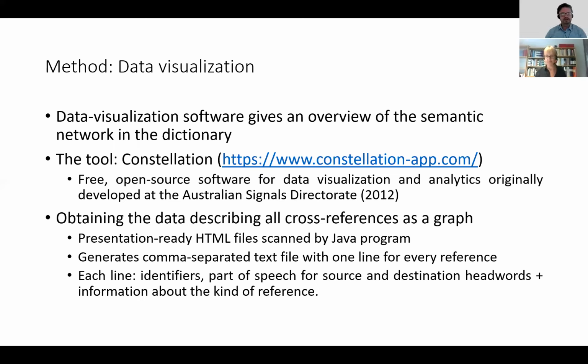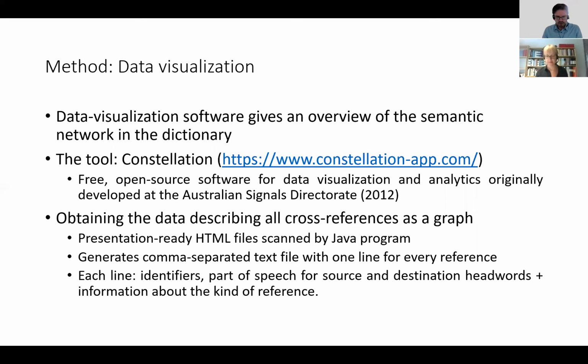And we have used a data visualization software to give us an overview of the semantic network in the dictionary, SO. The tool is called Constellation, and it is free open source software for data visualization and analytics, originally developed at the Australian Signals Directorate in 2012.